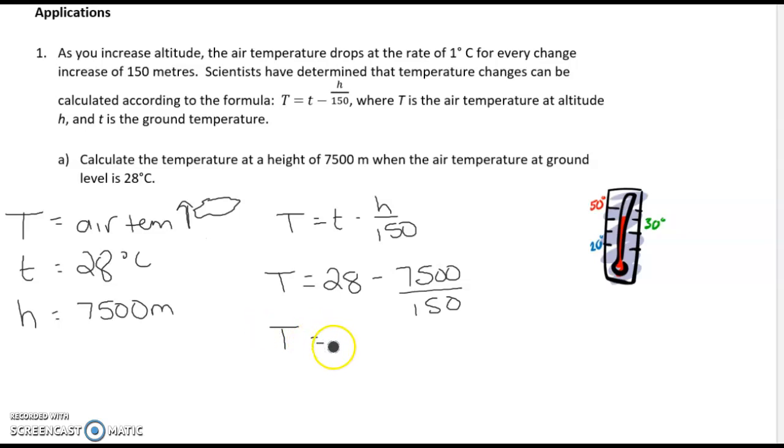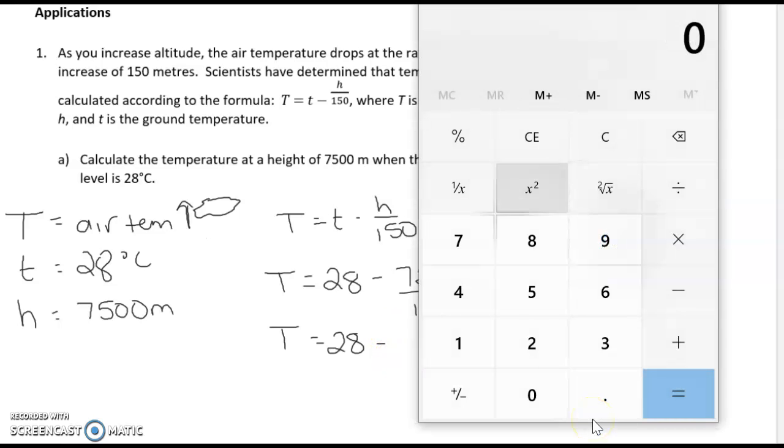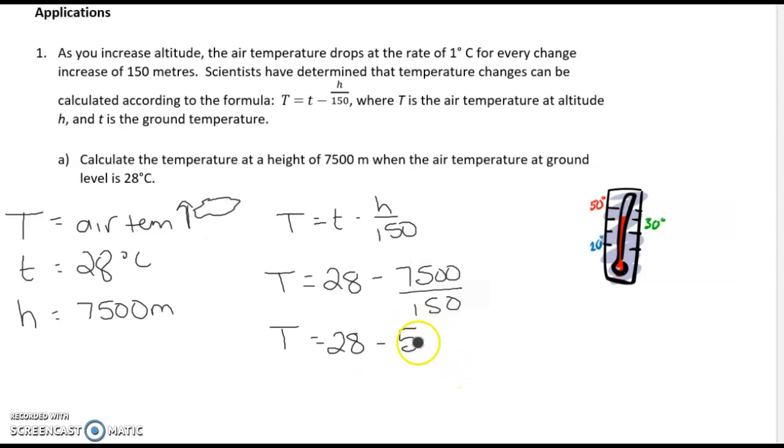So capital T equals, we still have our 28. We can do it in our calculator right here: 7,500 divided by 150, and you get 50 as your answer. So it's 28 minus 50.